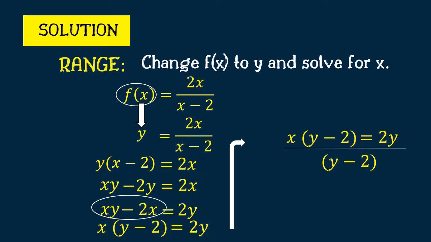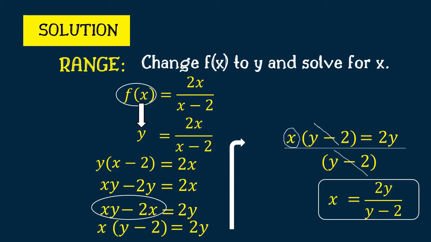So here, we can cancel out y minus 2 since it is a common factor, and the remaining factor here is x. So we can write x, and that is equal to 2y divided by y minus 2. Okay, so this is now the value of x.